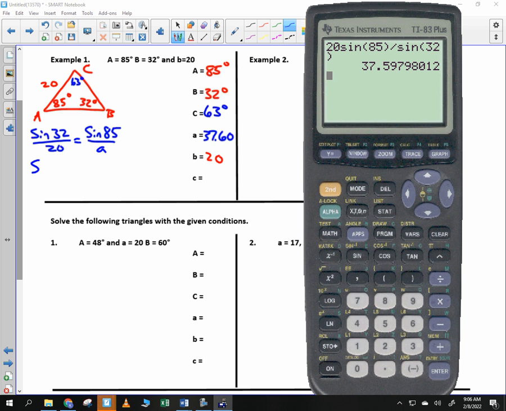So I'll set up sine of 32 again over 20 is equal to what over what? Sine of 63 over letter C. So you can see I'm going to multiply the 20 and sine of 63. And then I'll be dividing by the sine of 32. 33.63.